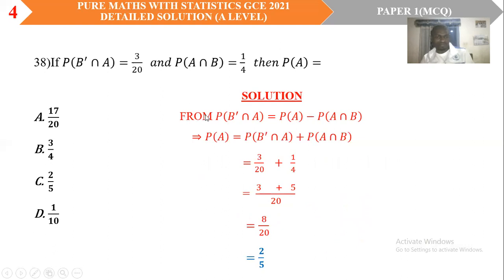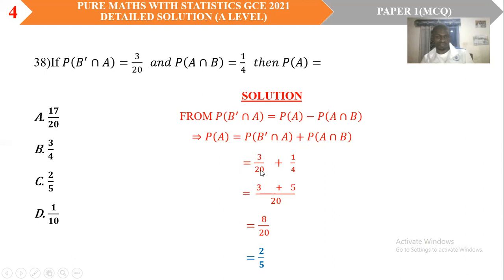From the probability of B complement intersection A given by probability of A minus probability of A intersection B, this implies that the probability of A is the probability of B complement intersection A plus the probability of A intersection B. Substituting the given values, we have 3/20 plus 1/4.